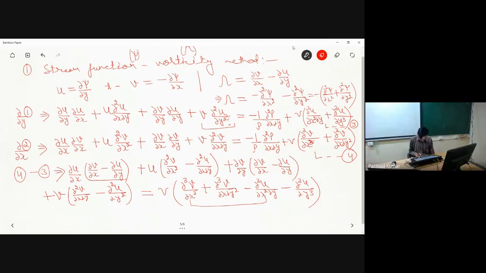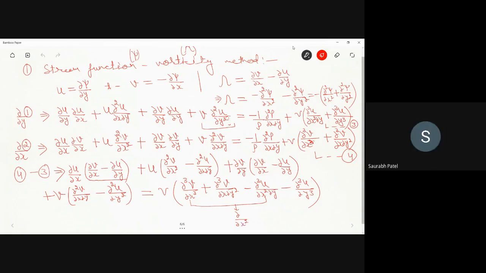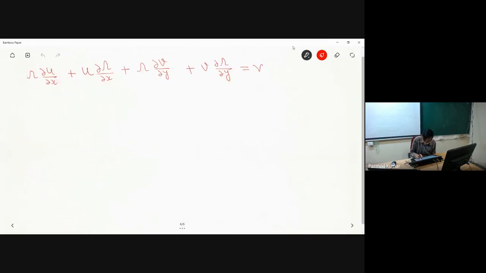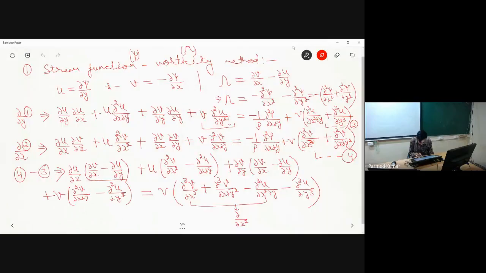Here, in these two terms, if you take del square by del x square common, inside it will be vorticity. So I can write del square omega by del x square. Is it clear? Then if I relate these other two and take del square by del y square common, once again I will be getting the same thing.